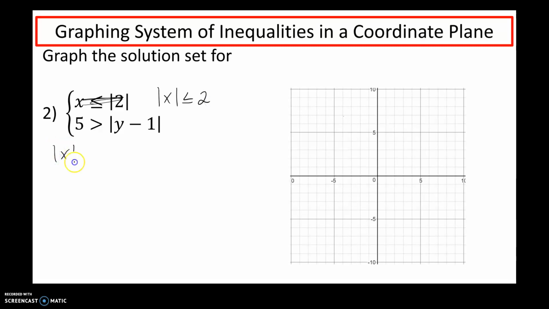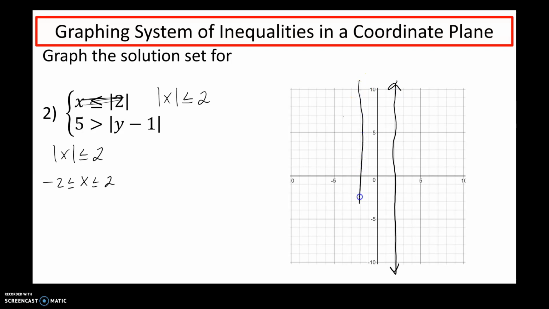Okay, so now when we have absolute value inequalities, we need our and or. So this is an and problem. So to get rid of the absolute value, I bound x between 2 and negative 2. It can equal 2. So the graph of x is equal to 2. It's a solid boundary line.